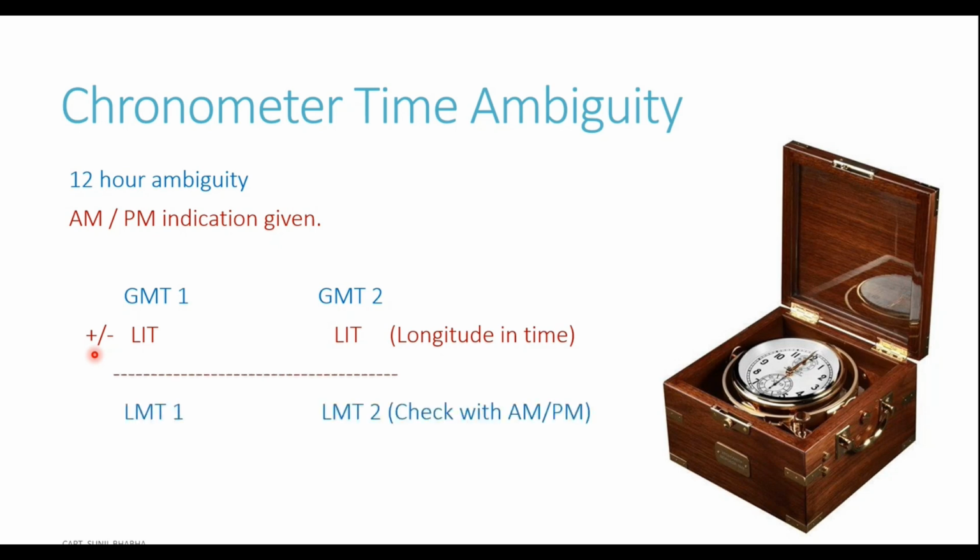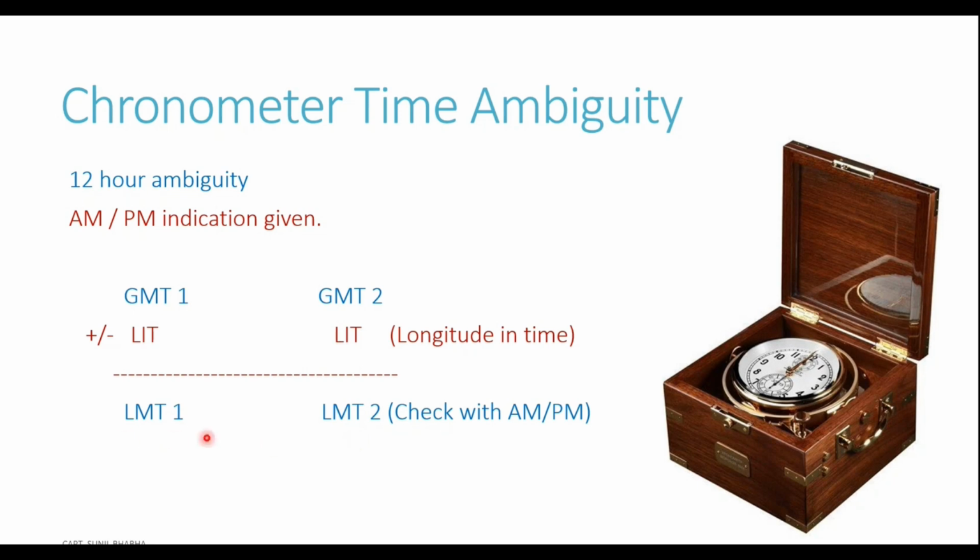Now, once you apply the LIT, you will have two options of LMT, LMT1 and LMT2. Now, these two options which you have obtained, check them with the AM/PM indication given in the question. So whatever LMT is correct as per the AM/PM indication, one of these LMTs will be in the AM hours, the second one will be in the PM hours.